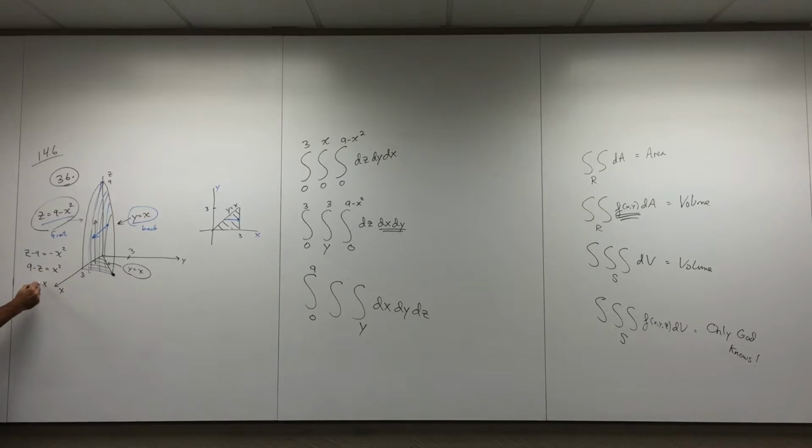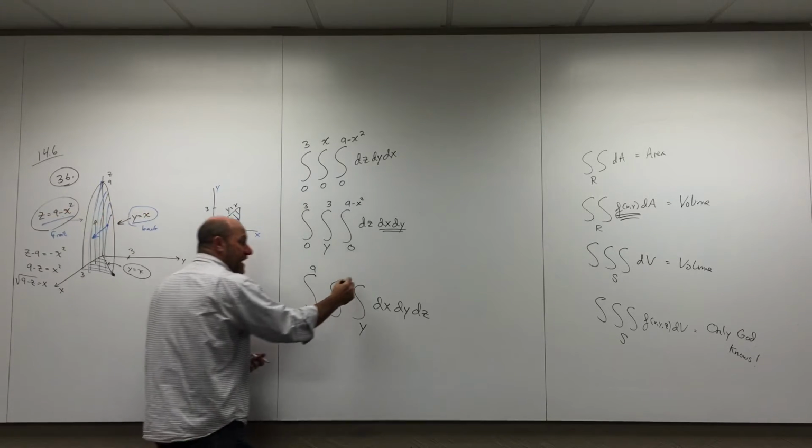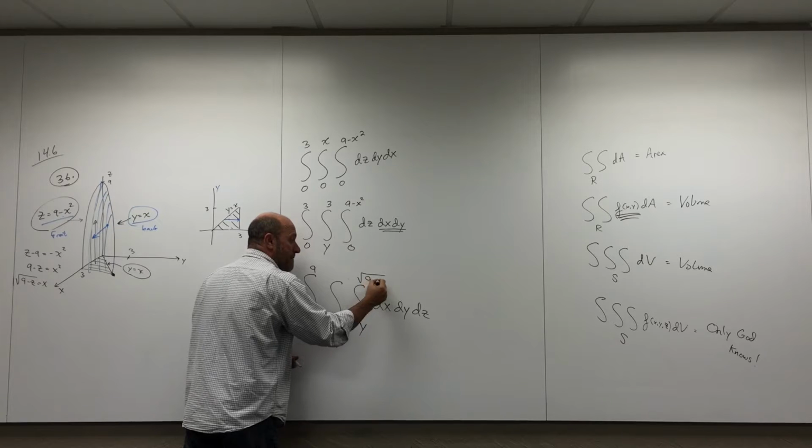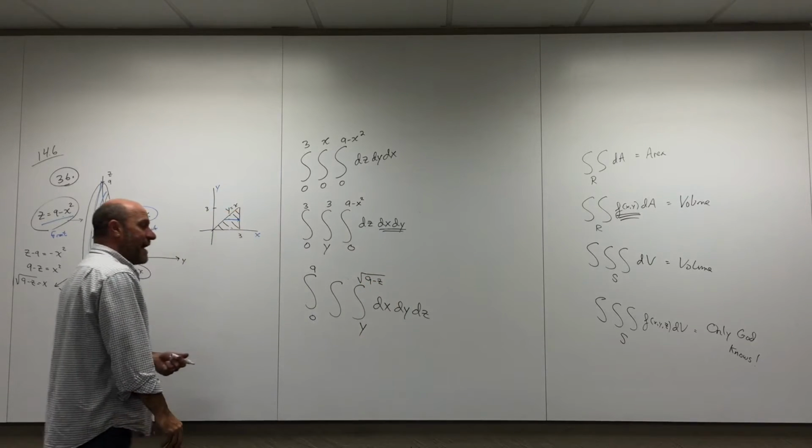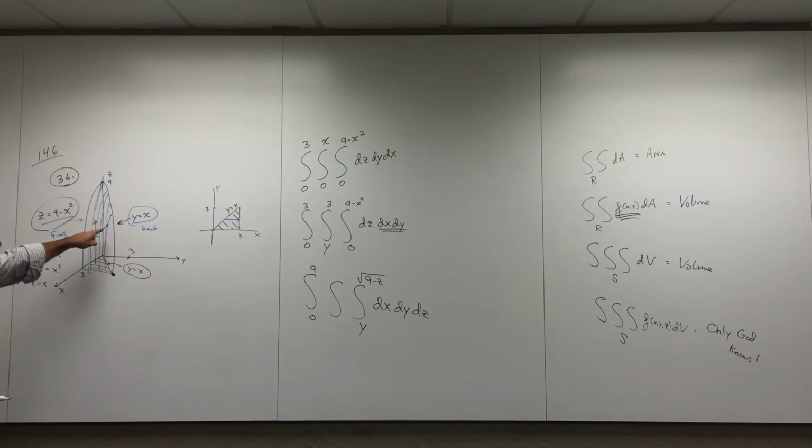X is the plus and minus, but I think this one's the positive square root of 9 minus z. Yeah, good. That's this thing solved for X in terms of z, which is what I need. I think we just figured it out. My X goes from that back X, called y, to this front X, called the square root of 9 minus z.